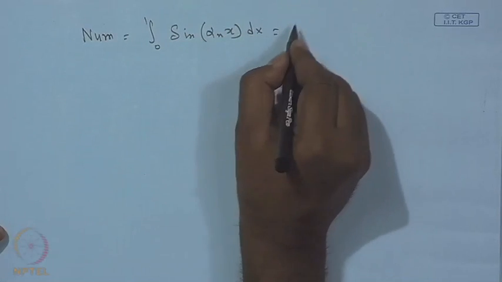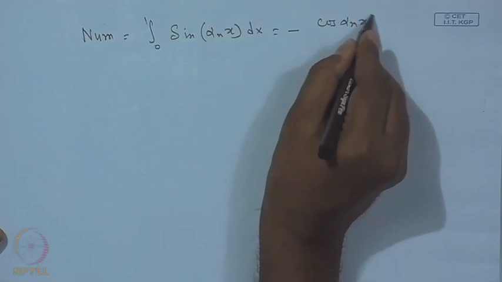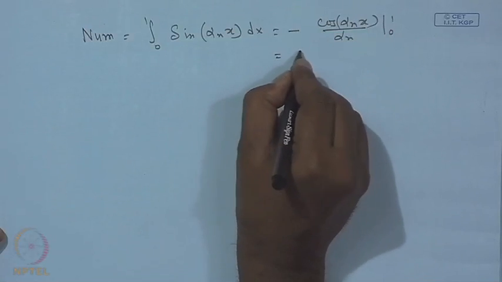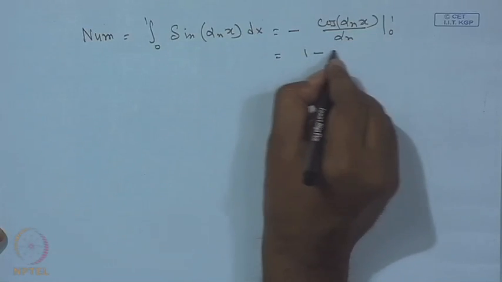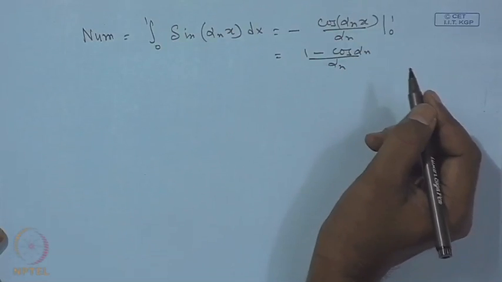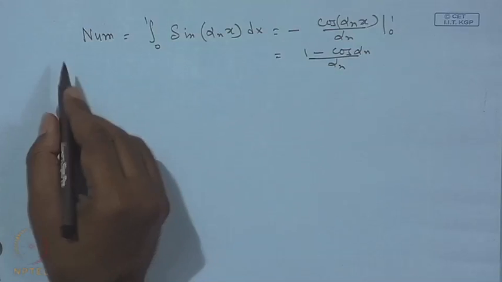So, integration of this will give you minus cos alpha n x divided by alpha n from 0 to 1. So, it will be 1 minus cosine alpha n divided by alpha n. So, we get the complete solution of theta 1.